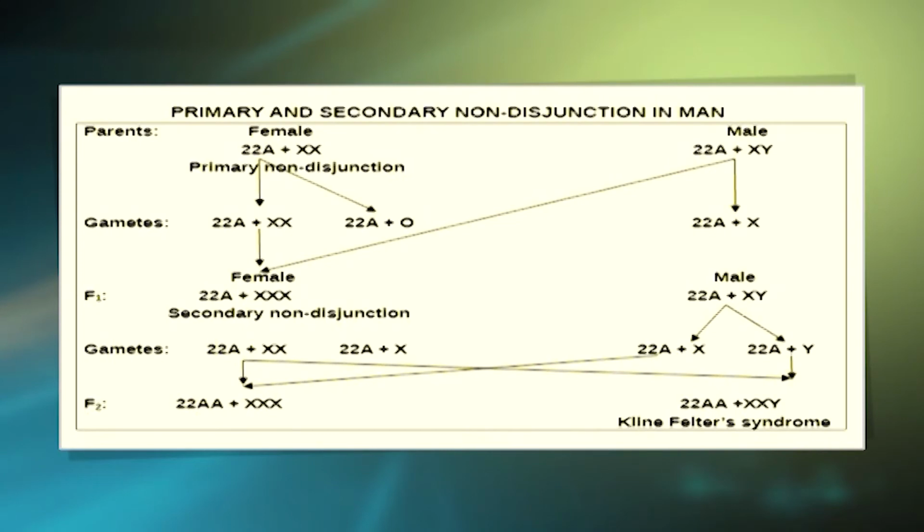Now, the fourth one is secondary non-disjunction. The non-disjunction occurring in organisms which are the results of a previous non-disjunction, or if it occurs during the second division, is called secondary non-disjunction.